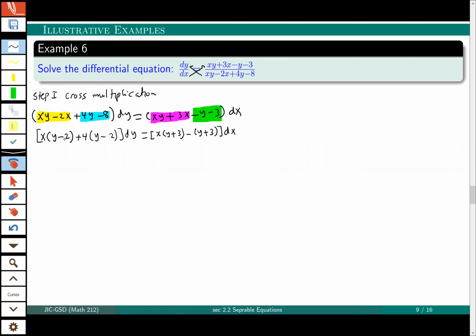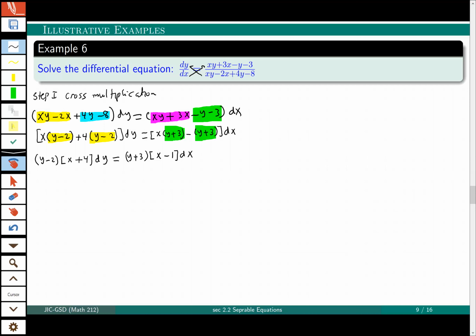Now I have here y minus 2 as a common factor, and I have here y plus 3 as a common factor. So taking y minus 2 as a common factor, what is left inside is x plus 4. Here we take y plus 3, so what is left inside is x minus 1.